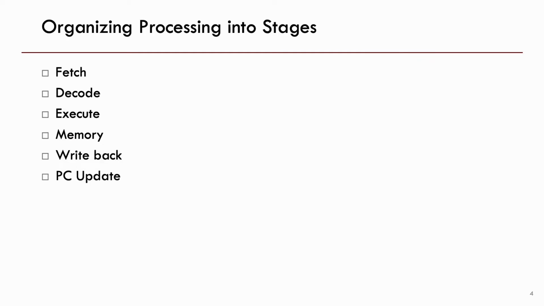As you studied in the lecture for the data path, we organize the Y86 sequential processor into 6 stages: fetch, decode, execute, memory, write back, and PC update. So we will follow these stages to implement our processor.